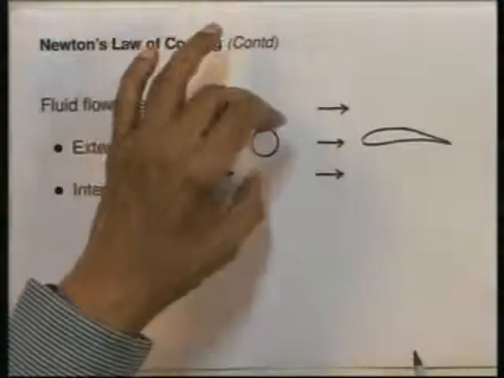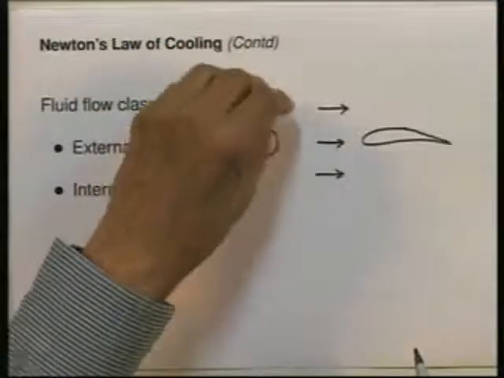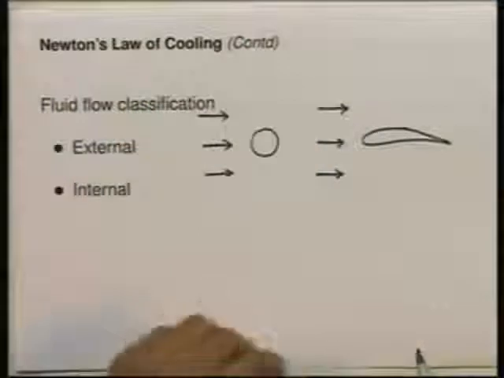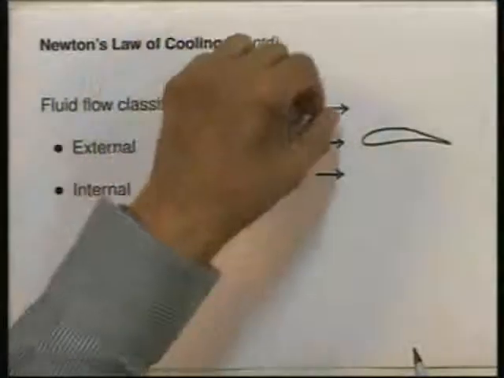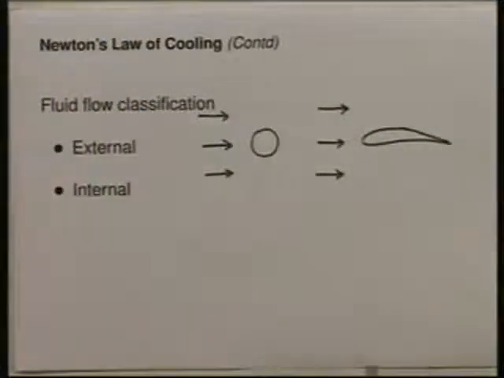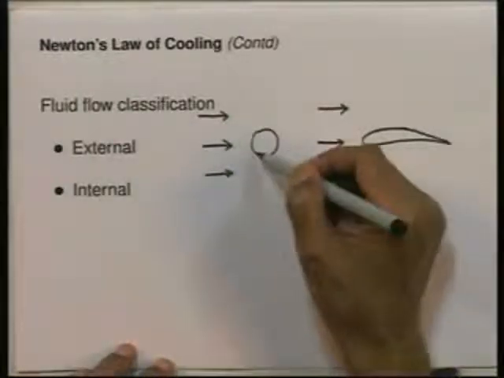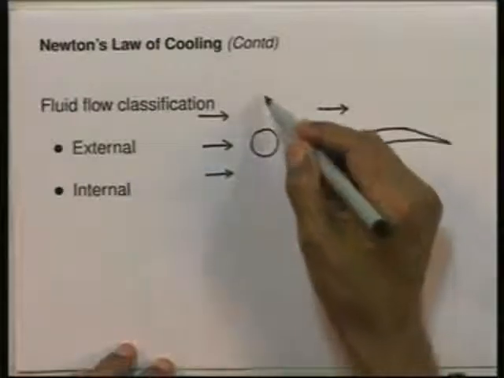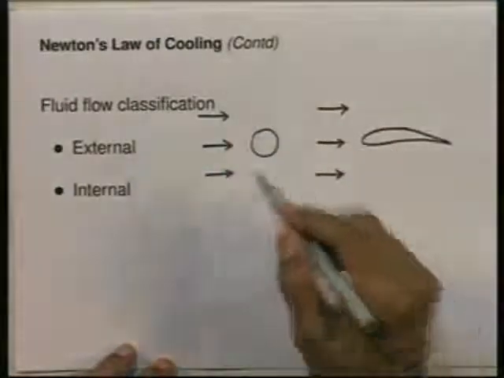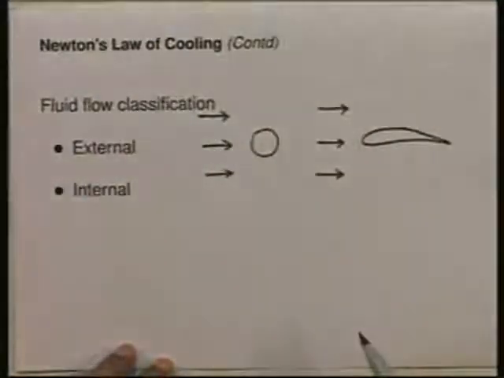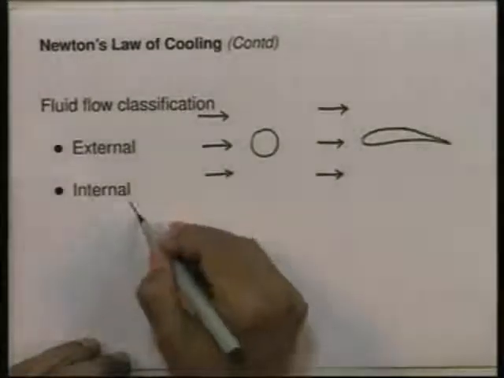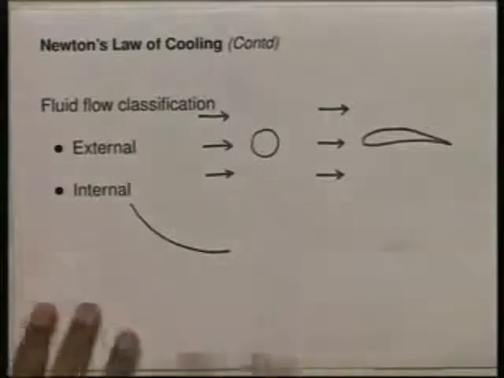An external flow is one which, once you go a little far away from the surface, is more or less infinite in extent. So that if I have, say, a temperature and a velocity associated with that flow, far away from this solid surface, I will attain that temperature and velocity, Tf, Vf typically. All right. On the other hand, an internal flow is a flow which is inside a tube.